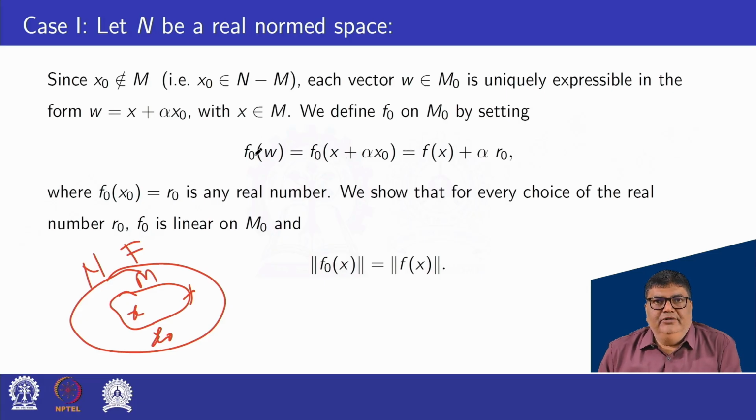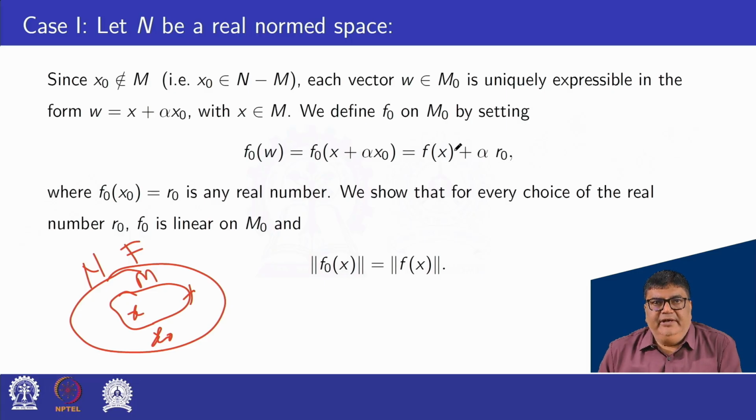So f0 is a functional, that is we can write this as f0 of x plus alpha f0 of x0. So f0 of x0 is r0, this is a scalar. So we can write f0 of x plus alpha x0 is equal to f of x plus alpha r0.